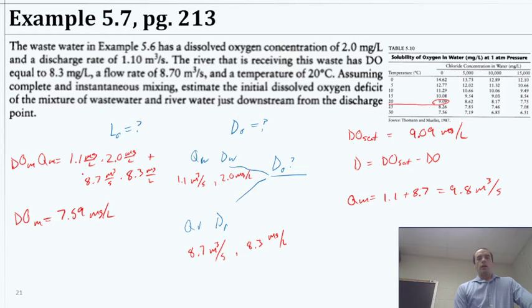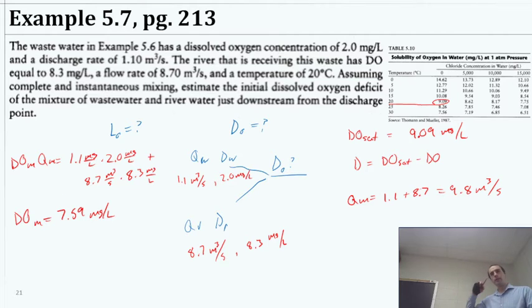Okay, so anyhow, with these two rivers joining, and we want to know the new deficit, I'm looking at the dissolved oxygen. We've got the wastewater at 2 milligrams per liter, the river water at 8.3. The combined flow is 9.8 cubic meters per second.